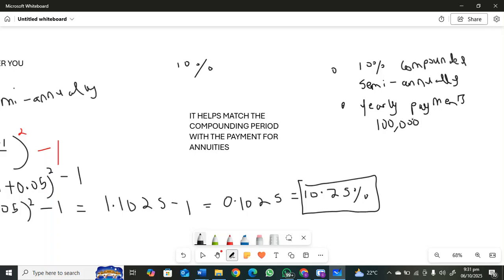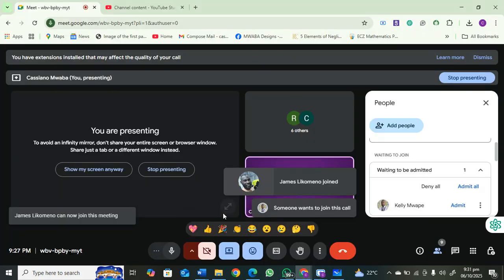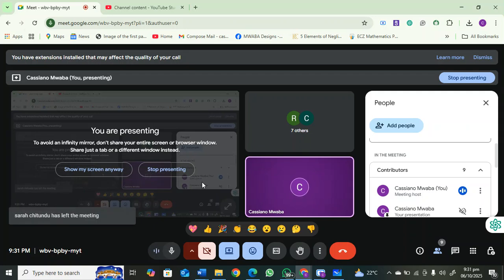Okay, so you need to get the effective annual interest rate so that you can match the compounding period, convert it from semi-annually to yearly, so that it matches with the payment period. I repeat, the effective annual interest rate helps you match the compounding period with the payment period.